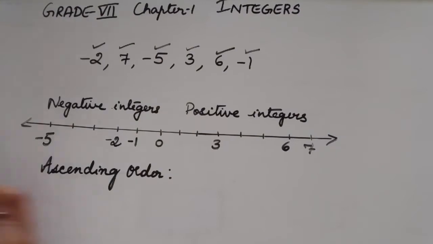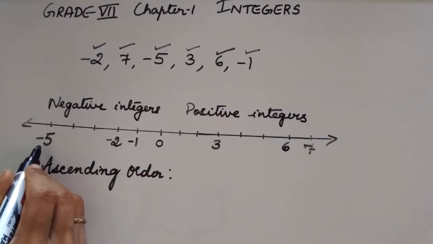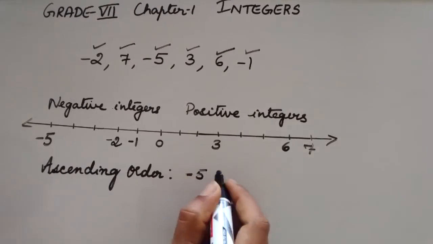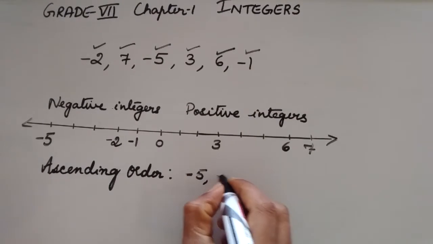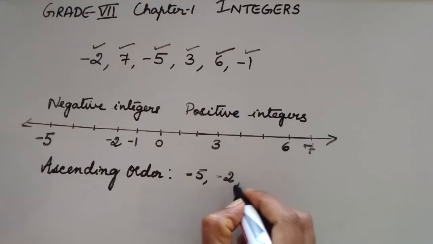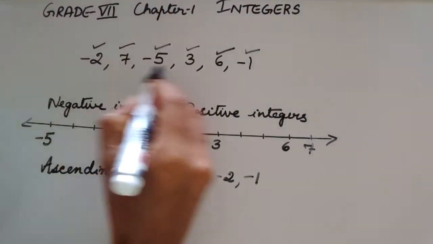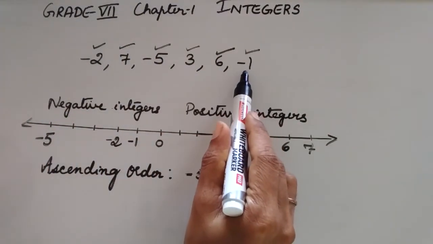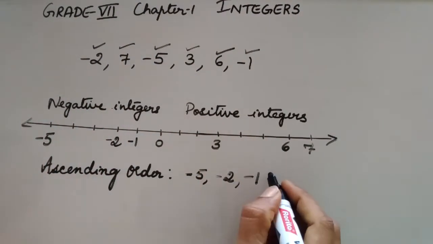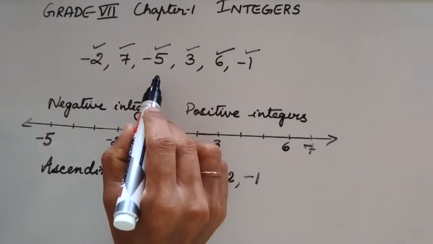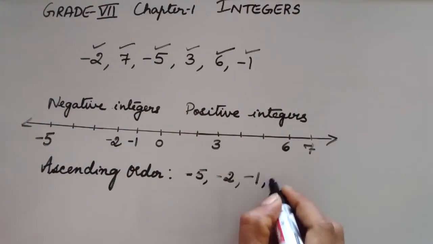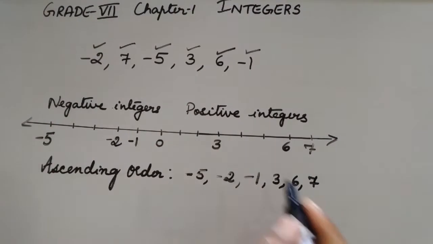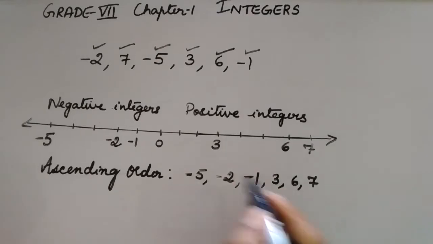The smallest number is -5, that is the negative number, -5. And then we have -2. Then -1. -5, -2, -1. Then we have 3, 6 and 7. So this is in the ascending order.